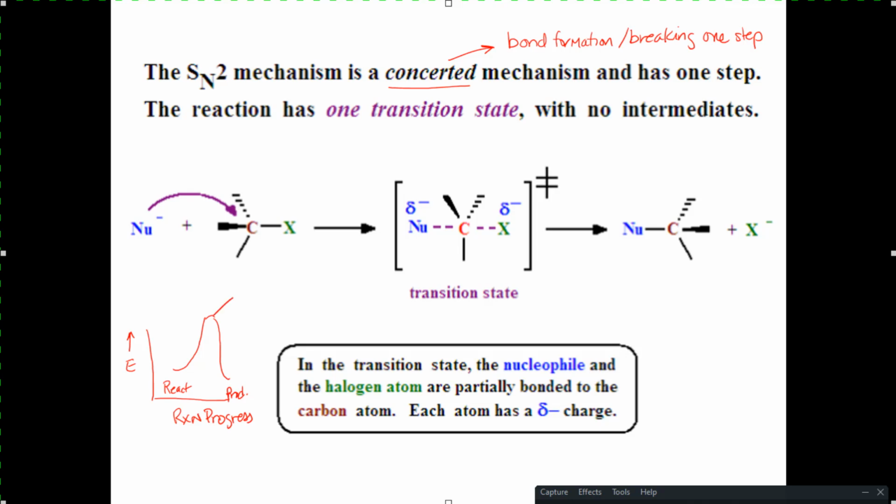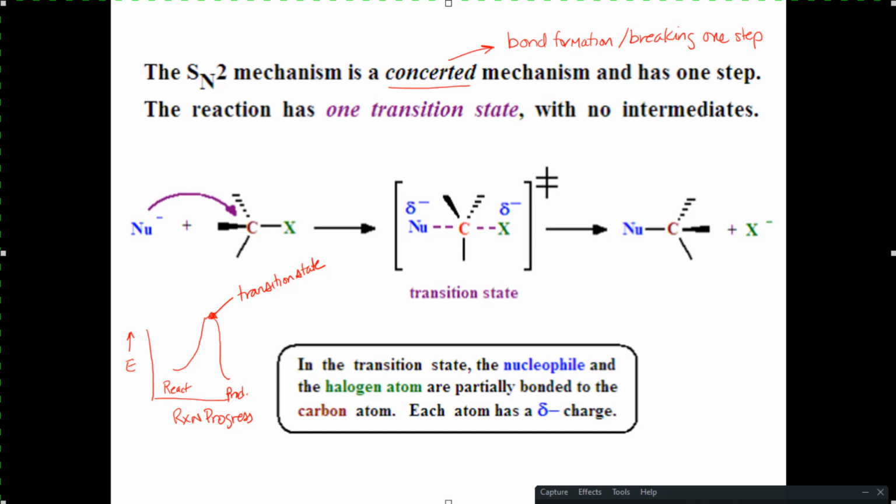In this case, we plot energy versus reaction progress. The top, the peak of this curve is what is called the transition state. You may remember that from general chemistry. The transition state is the high energy species, but transition states cannot be placed in a bottle and studied. They exist for a quick, fleeting moment, and then they're gone because they are the highest energy species.